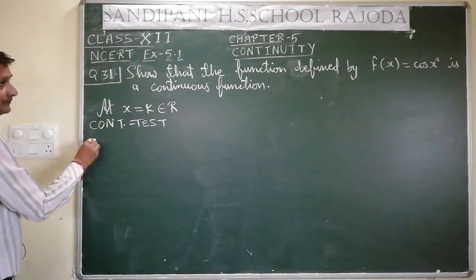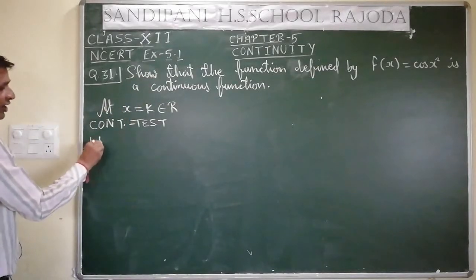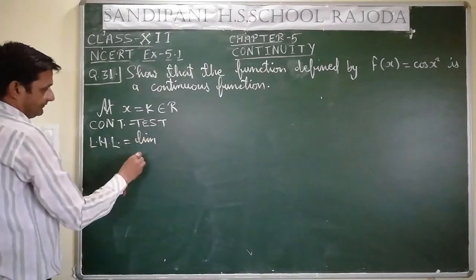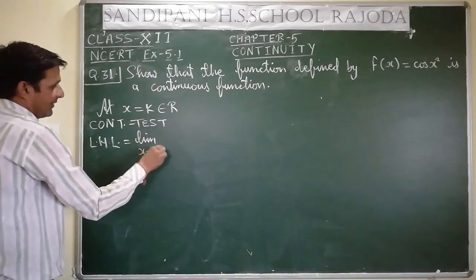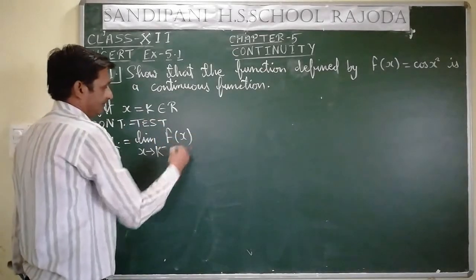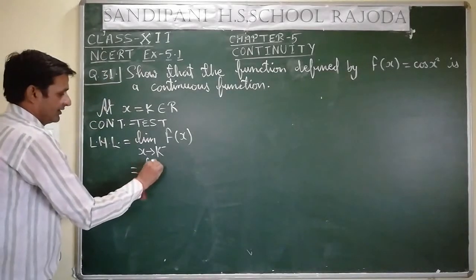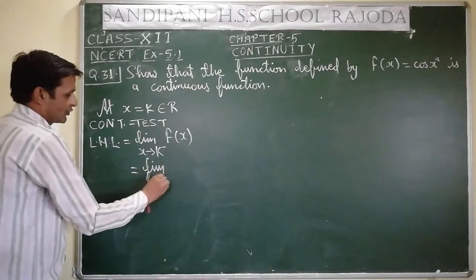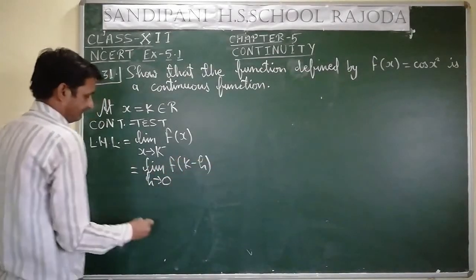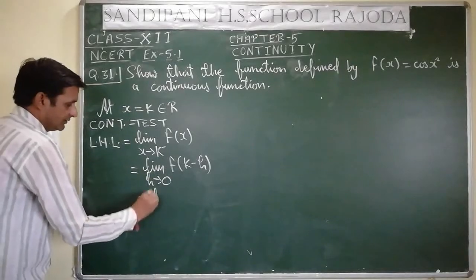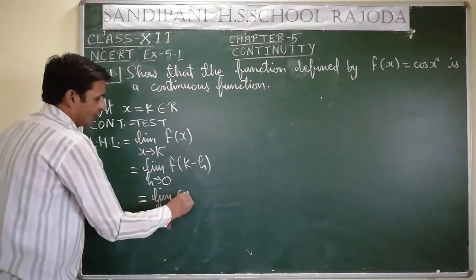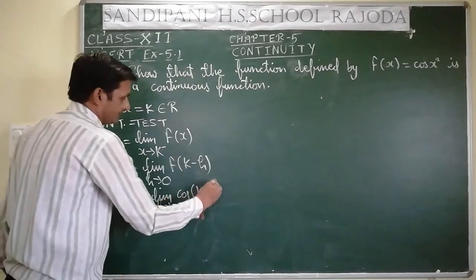So what we can do? We can take LHL now, that is equal to limit x tends to k minus, because we have assigned k here, f of x, that is equal to limit h tends to 0, f of k minus h. Then it will be limit h tends to 0, cos of k minus h whole square.